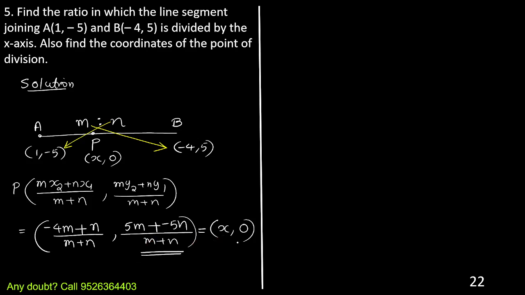This expression must be equal to 0, right? So I can compare any term on the left and right. The second expressions are compared: 5m minus 5n divided by m plus n is equal to 0, correct?